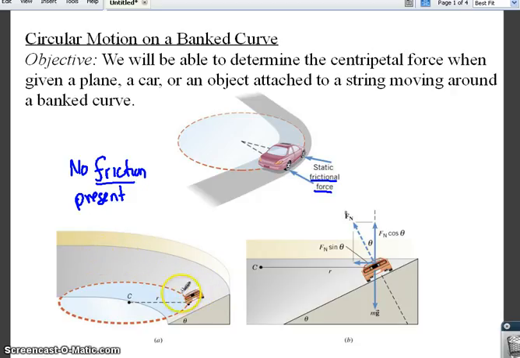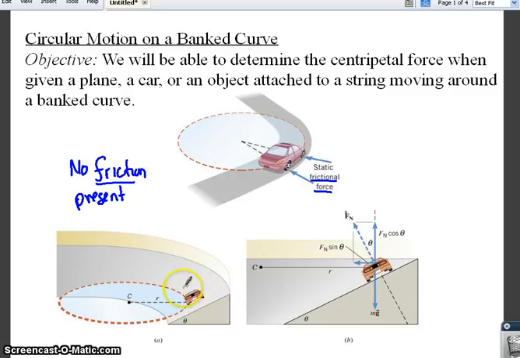So this person is not going to turn the steering wheel at all. If they keep the steering wheel straight, what speed can they go to carry them around this turn without going up or down? Now if the person does turn the steering wheel, then they can go faster because there's a second force present. But for right now, we're just going to consider no friction is present.